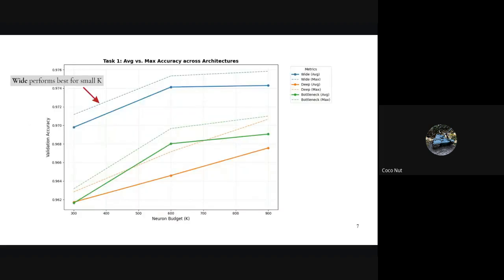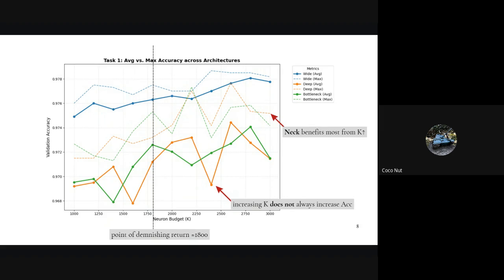The result shows that the wide architecture consistently dominated. While small K models struggle to learn, the wide family reached a peak validation accuracy of 97.81 at K equals 2,800. Notably, its stability is superior.